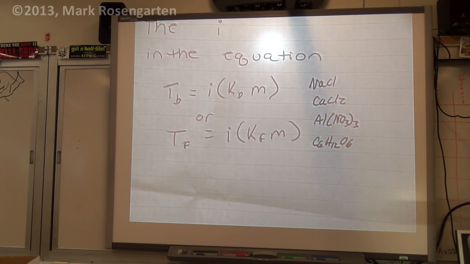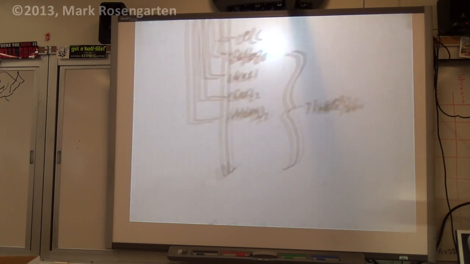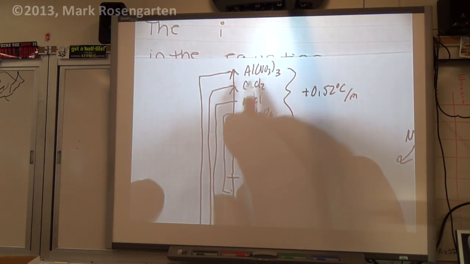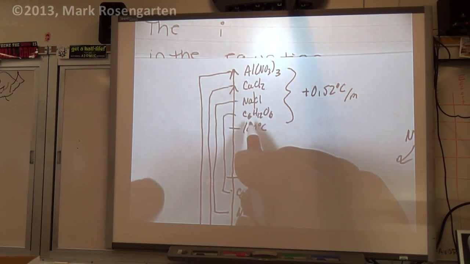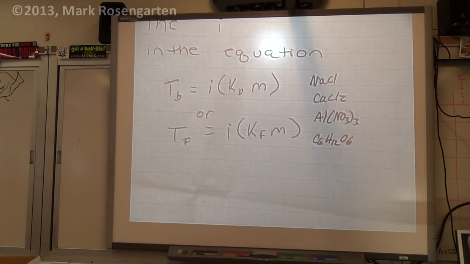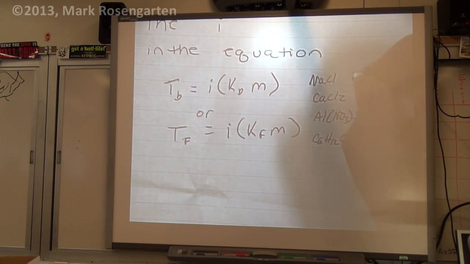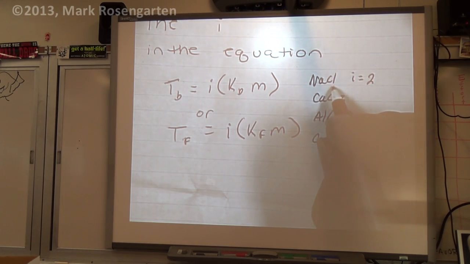In fact, we saw that earlier when we looked at those 4: the one that breaks up into more ions is going to have a much bigger effect than those that break up into fewer ions, or those that don't break up into ions at all. So the I factor is called the van 't Hoff factor, and it means how many particles it breaks up into when you dissolve it in water. So in this case, I would equal 2: 1 for the sodium and 1 for the chloride.